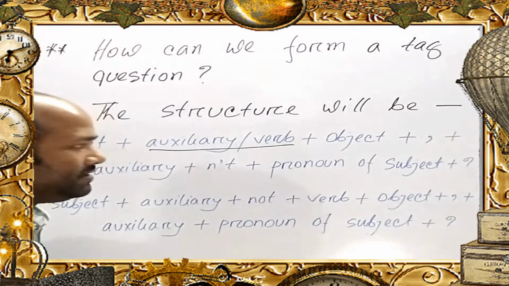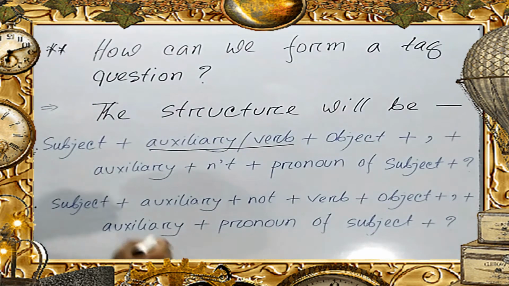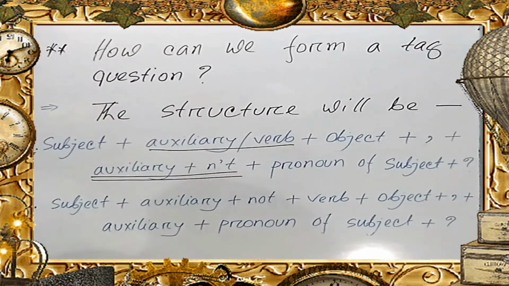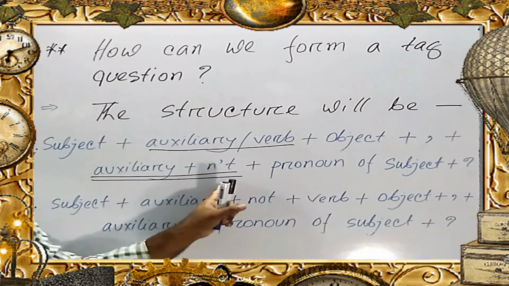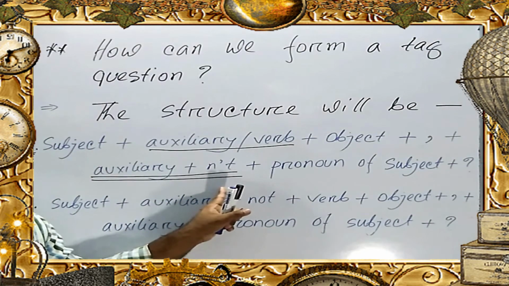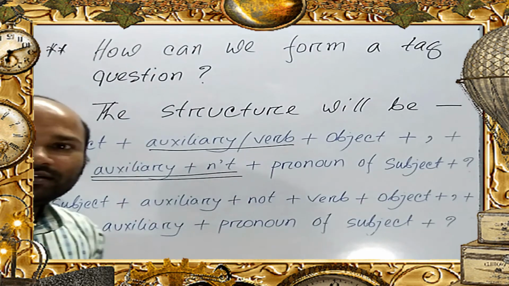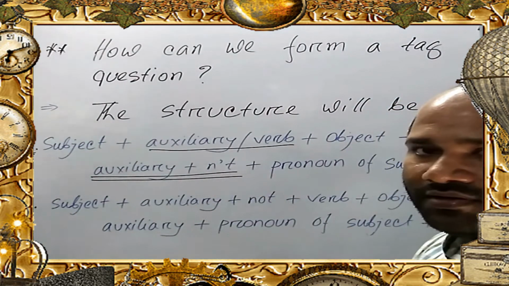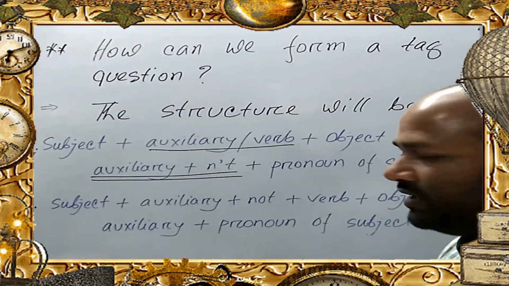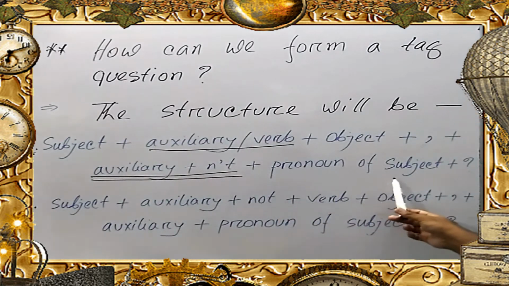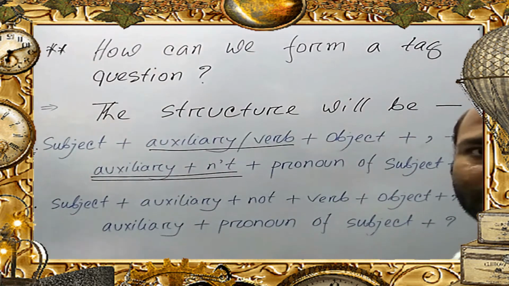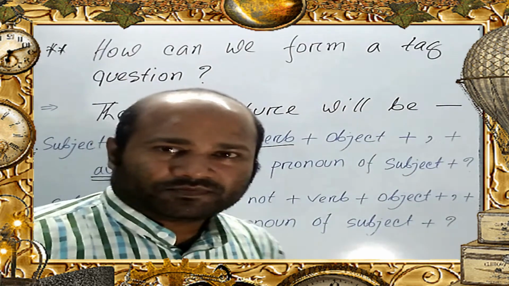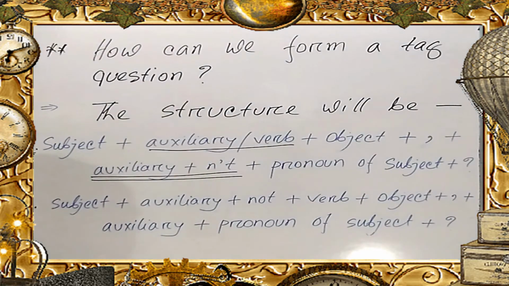If the statement is affirmative, then you have to make the tag question negative, or you can make it negative by using just contraction, not the full form. You have to make it the short form. You cannot use the full form of not or negative. And then the pronoun of subject. You cannot use the subject directly. You have to use the pronoun of the subject.